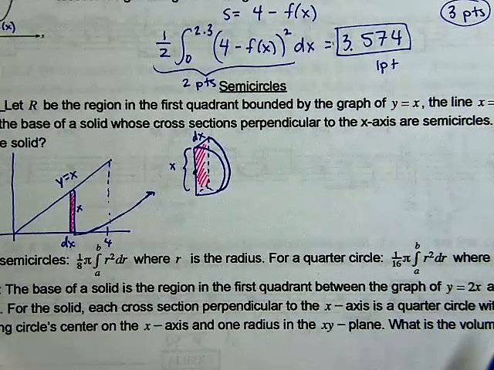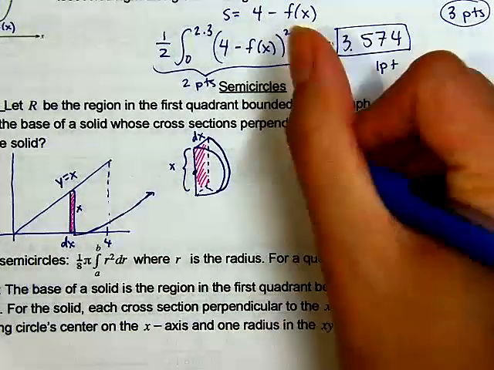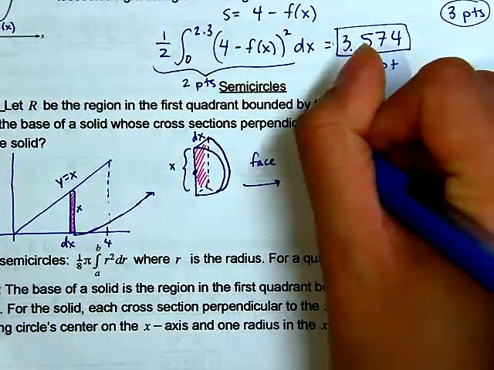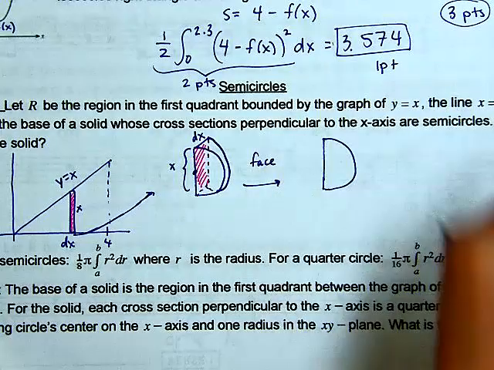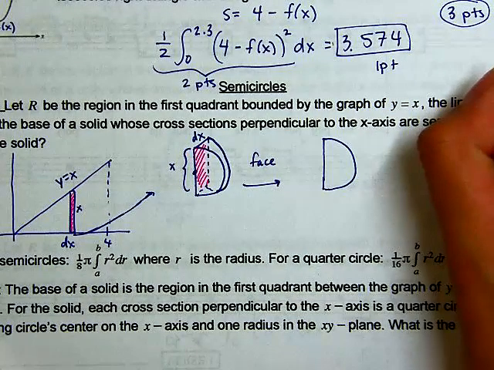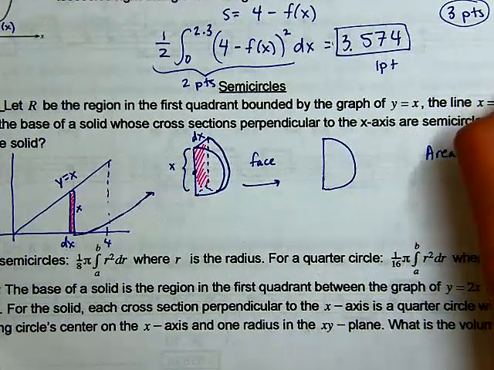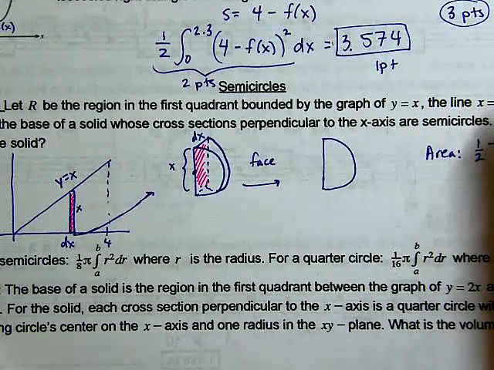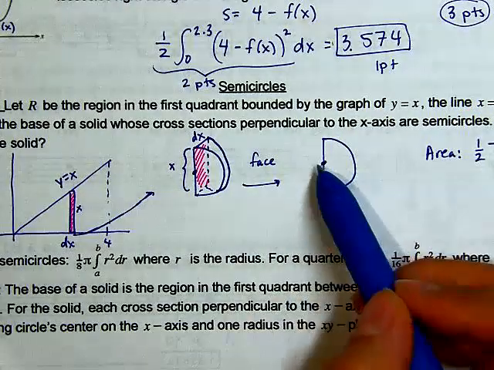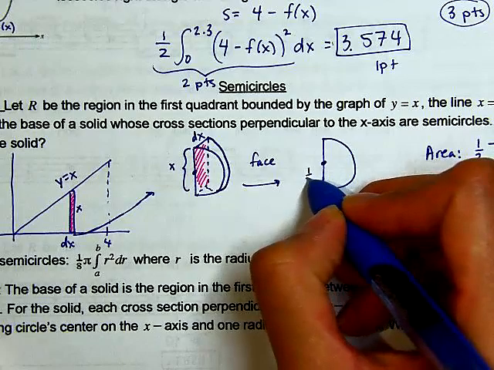So now we would need to find the area. So again, I'm just going to look at the face, 2D object to find area. The area of a semicircle, which I showed in the warm-up, was 1/2 pi r squared. So this time my radius is going to be 1/2 x.